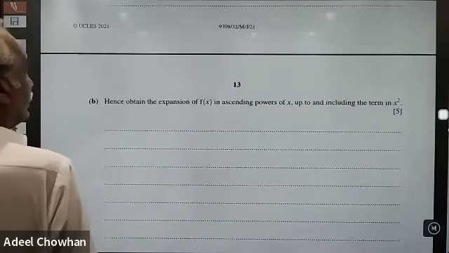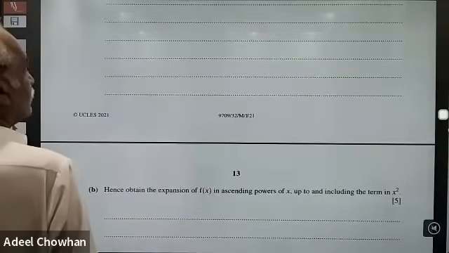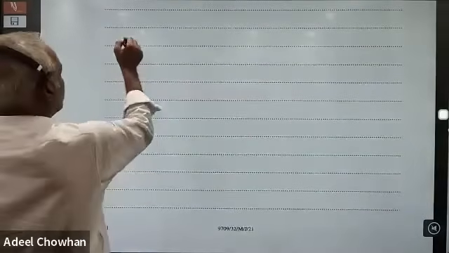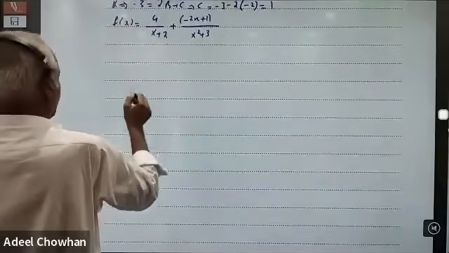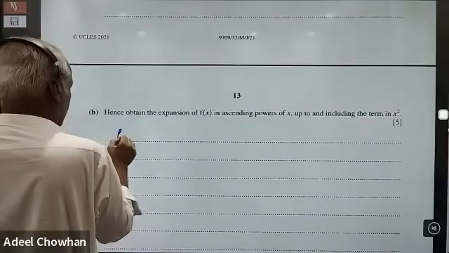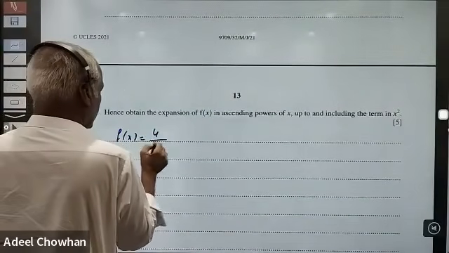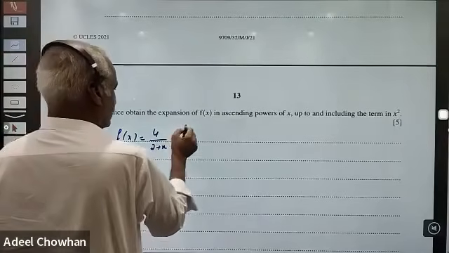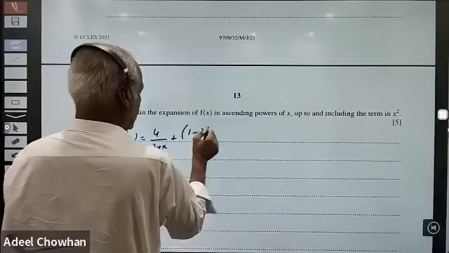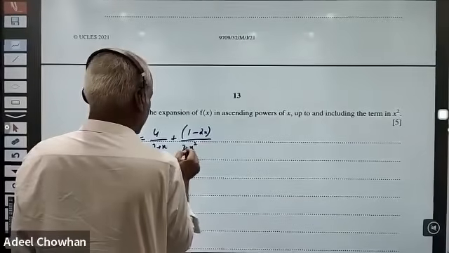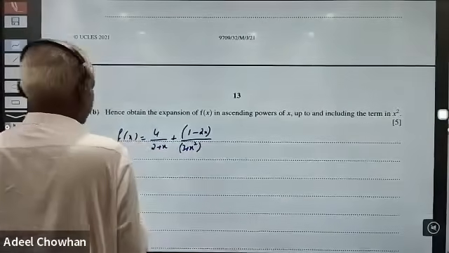So this will be written in the form of 4 over 2 plus x, plus 1 minus 2x over 3 plus x square.